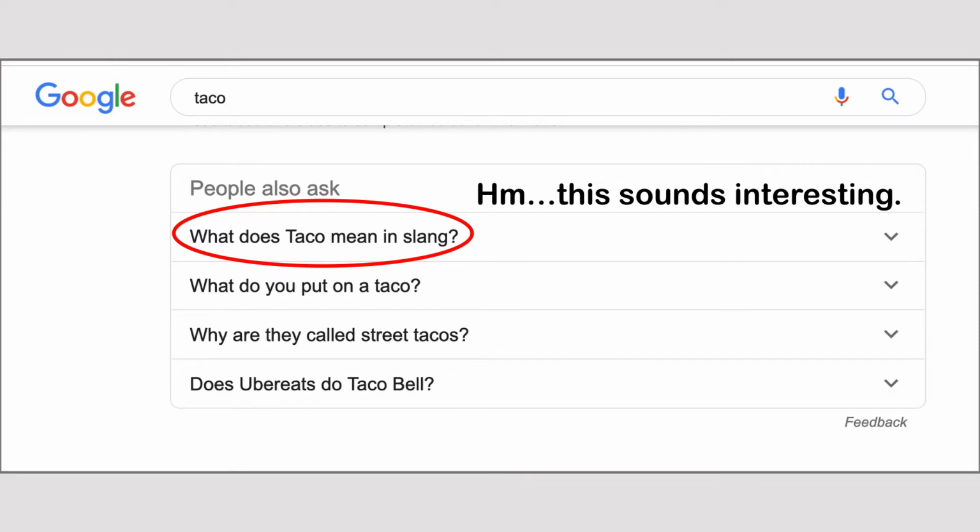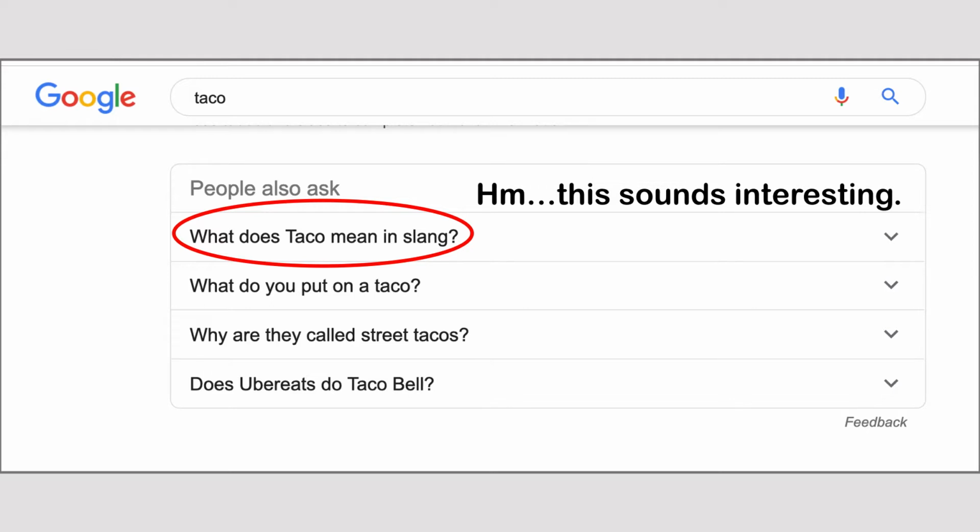But the best was this list of questions other people ask about tacos that I never even dreamed. Wouldn't you all like to know what taco means in slang? 15 minutes later, and none the wiser, I realized I had just spent a total of an hour, including the 20 minutes I left to get a taco, and had accomplished nothing other than learning some dirty Spanish words, enjoying a few laughs with my niece, and consuming a couple of tacos.